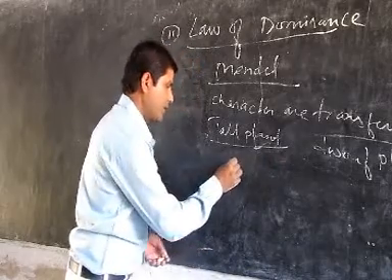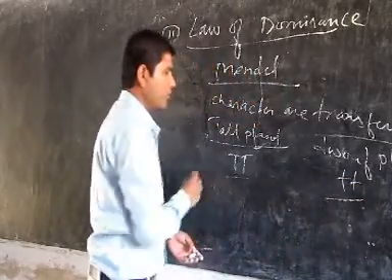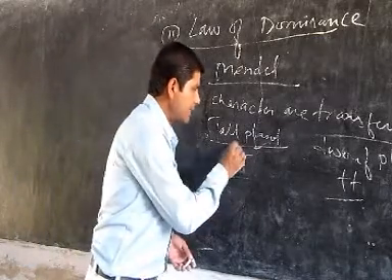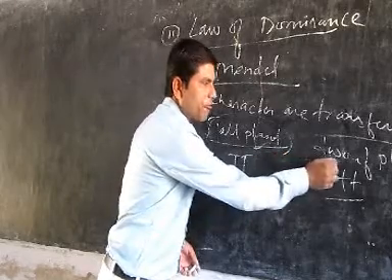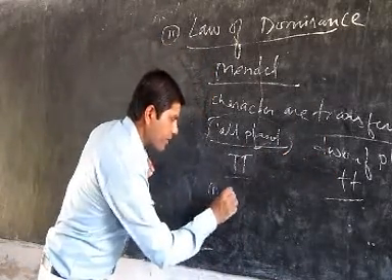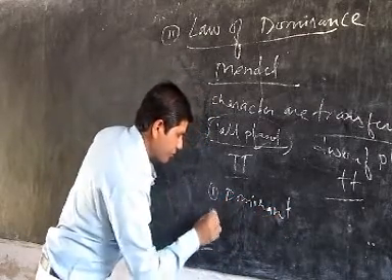In this, capital T, small t, this is the gene which is present in this plant, and when these plants are crossed with dwarf plant, the two characters, that is one is dominant and one is recessive.